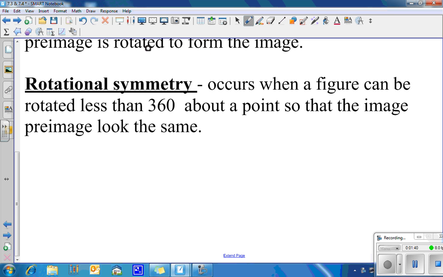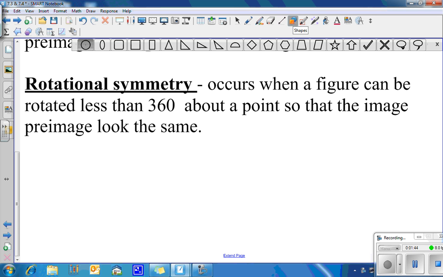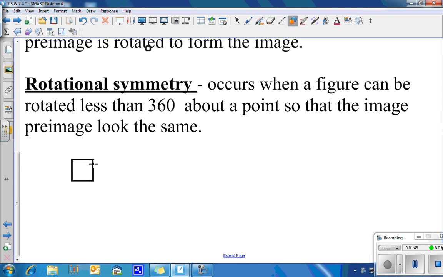For example, if I have a square, and let's draw out a real square. Okay, so I have a real square here. And if I rotated that, A, B, C, D, and I rotated it 90 degrees. Okay, I get the same exact figure now. I did it by hand here.